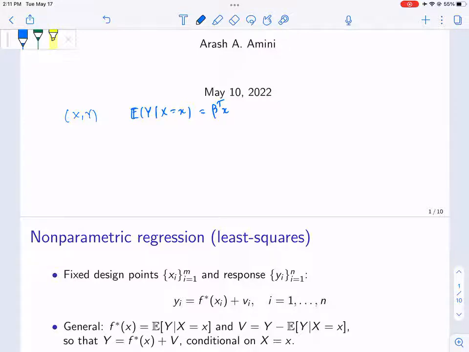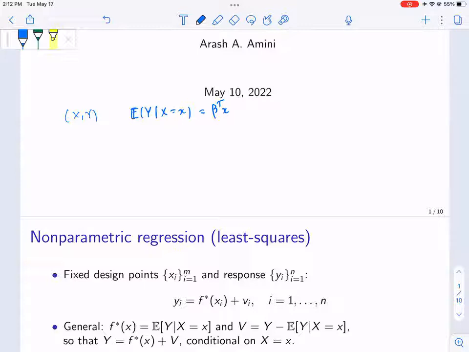So what you usually assume, this is the simplest assumption, the traditional assumption, is to assume it to be just a linear function. This is quite easy to estimate. We saw that even this is not as easy as it might seem if x is high dimensional.